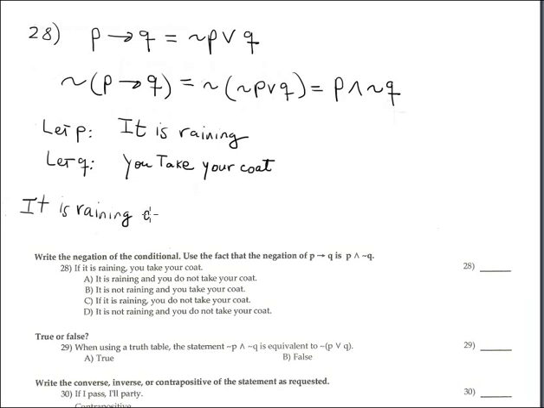And because it's conjunction and you negation, do not take your coat. And this corresponds with the option A.